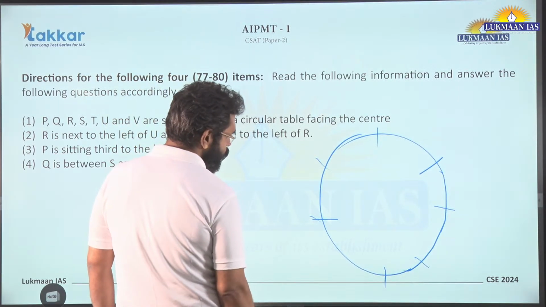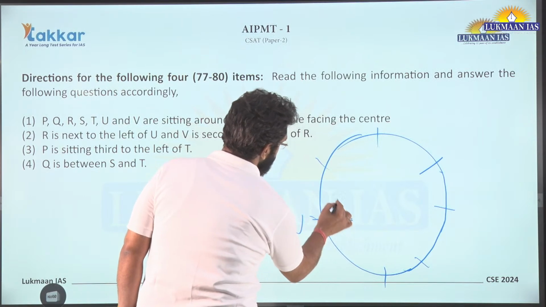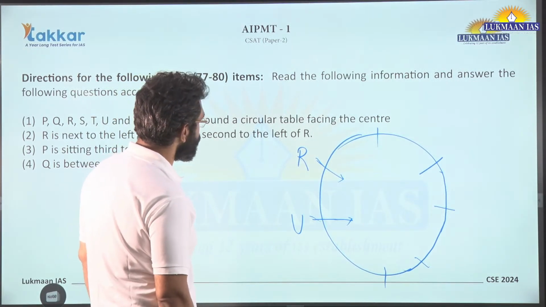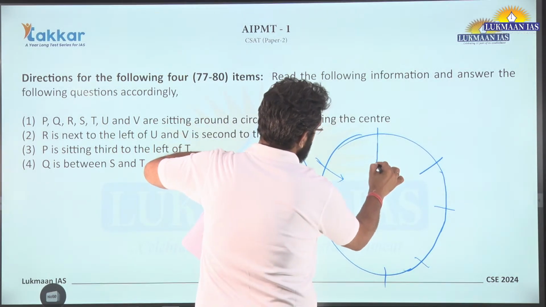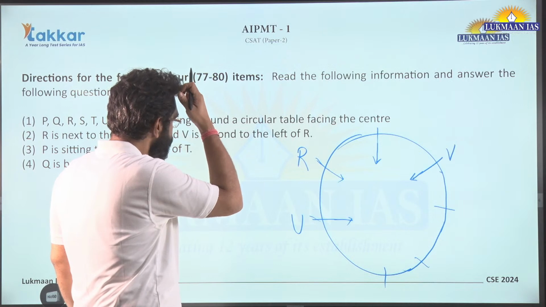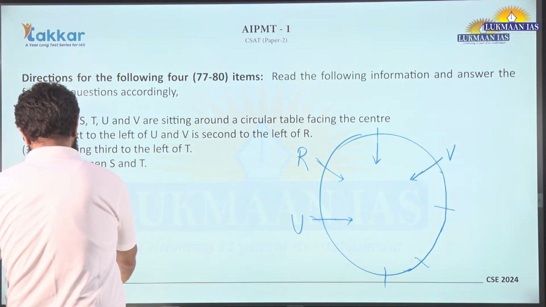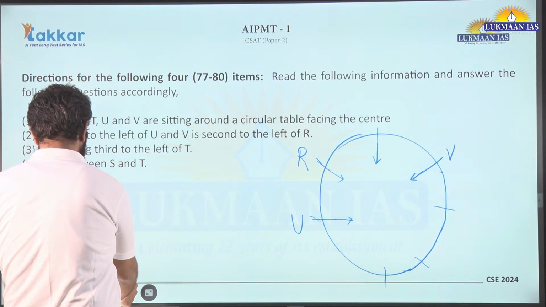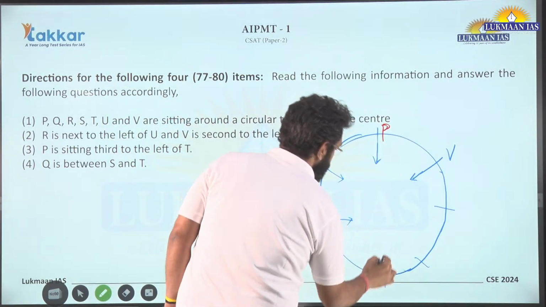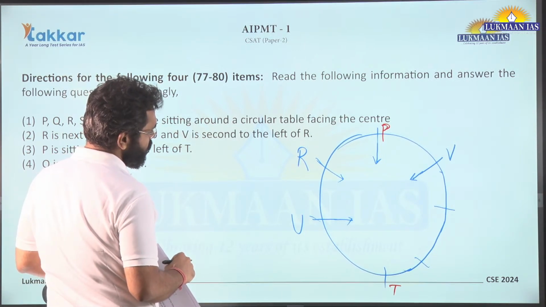R is next to the left of U. Suppose this is U. This would be R. And V is second to the left of R. P is sitting third to the left of T. One, two, three, P. Q is between S and T.